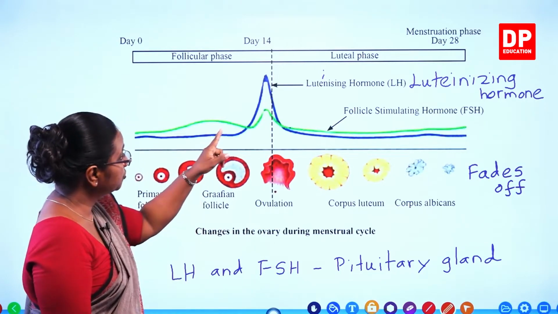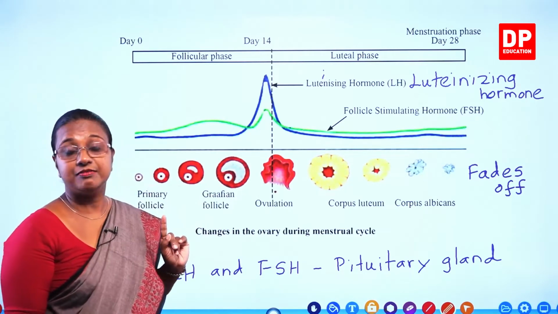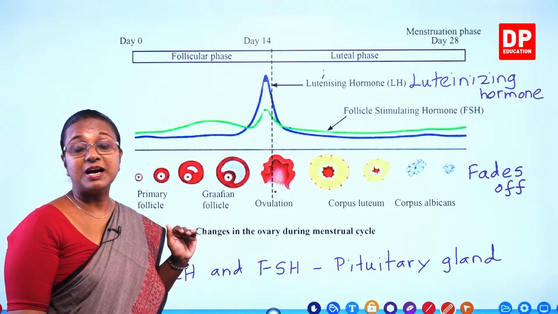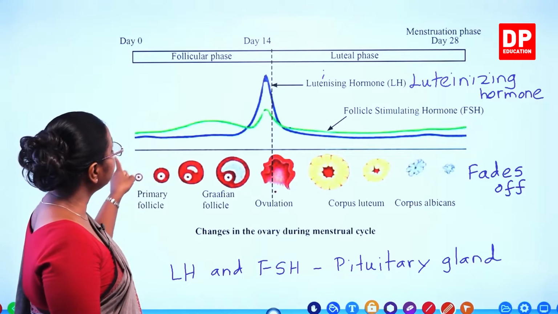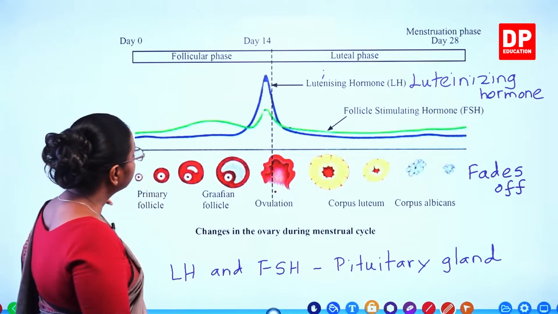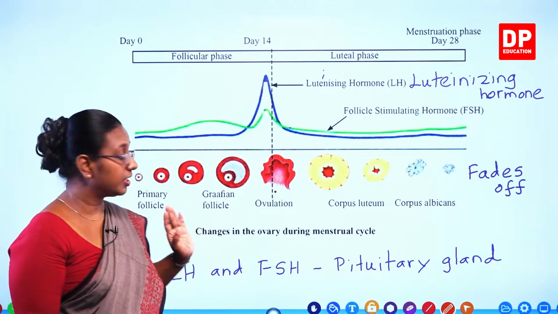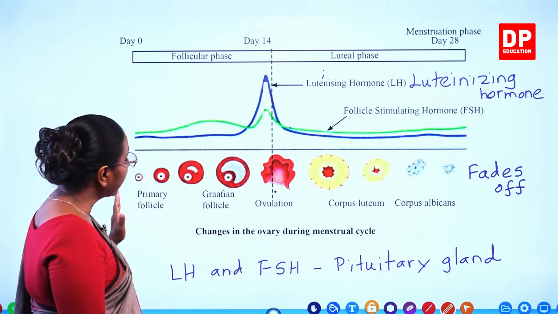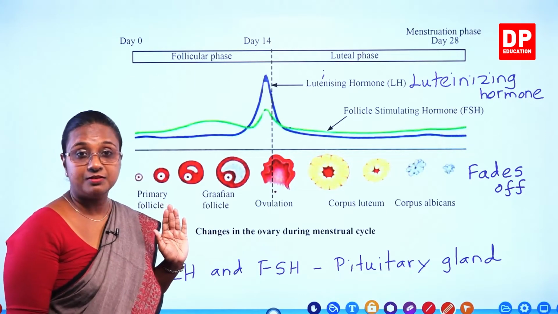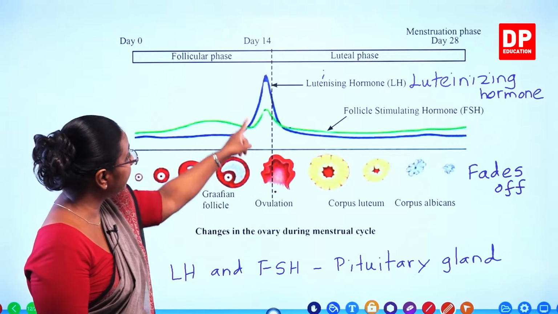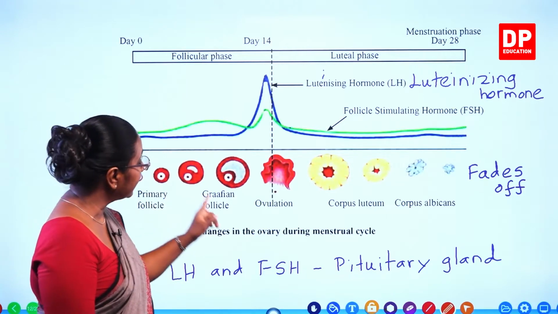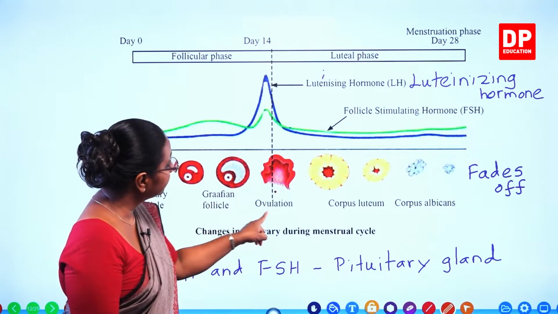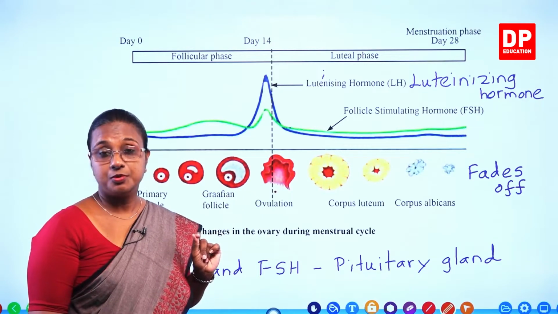So, there are two hormones, LH and FSH. Both are secreted by the pituitary gland in the brain. Initially, it is the FSH that stimulates or controls the development of the primary follicle to the Graafian follicle. And on the 14th day, the LH, luteinizing hormone, increases, and that stimulates the ovulation process.